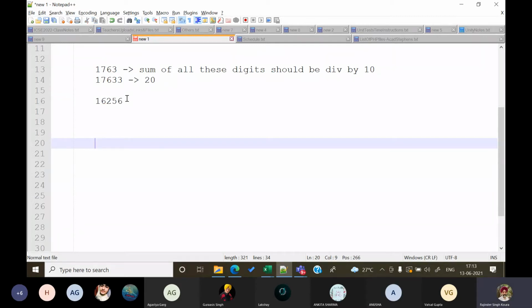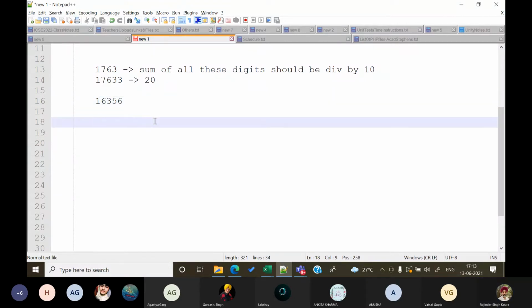Yes, sir. Okay. Now, if I change this 2 to a 3, what is wrong now? Not divisible by 10. The check digit is not correct? Yes, sir.